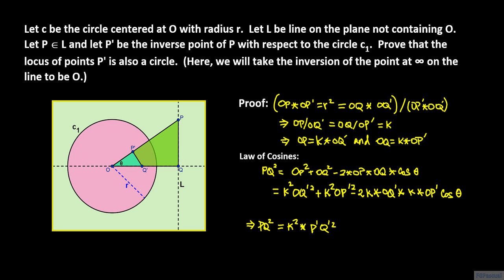Taking non-negative square roots of this equation and dividing by P'Q', we get PQ divided by P'Q' equals K. So we have three pairs of corresponding sides between the two triangles, and these corresponding sides are proportional, and so the two triangles must be similar.